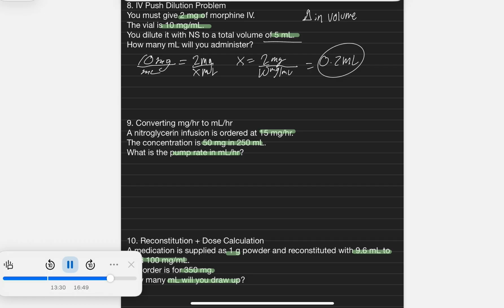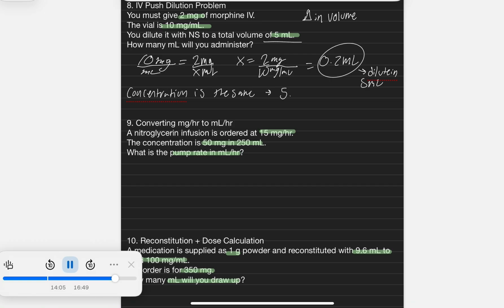Now that we know that 2 milligrams is in 0.2 mLs for that first dilution, we are going to figure out based on the concentration for that 5 ml. We would give the entire 5 ml, since we're diluting it in the 5 ml.